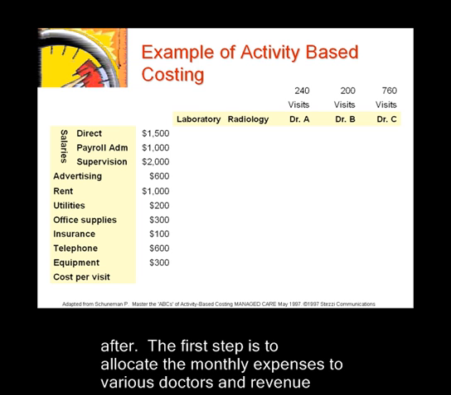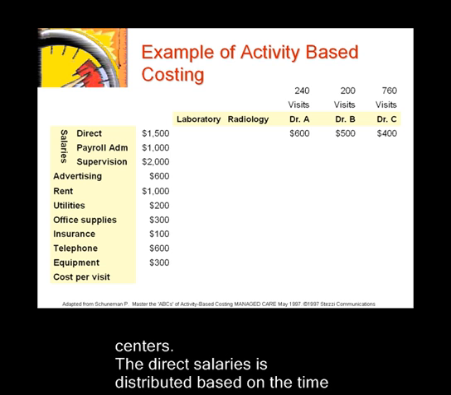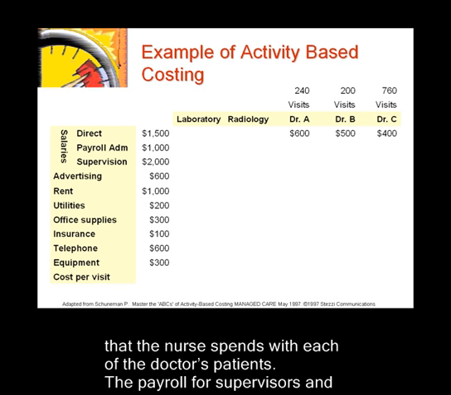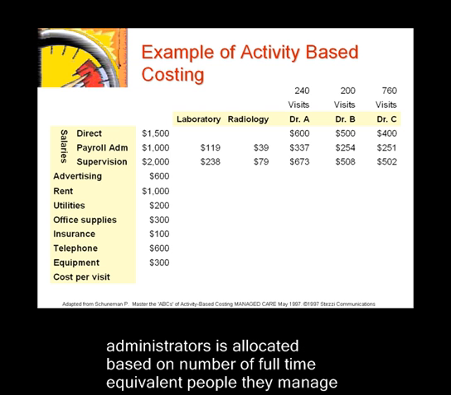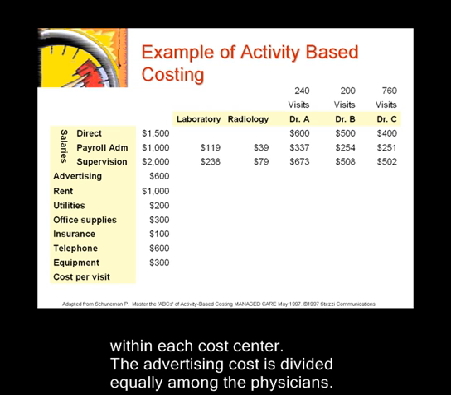The first step is to allocate the monthly expenses to various doctors and revenue centers. The direct salaries is distributed based on the time that the nurse spends with each of the doctor's patients. The payroll for supervisors and administrators is allocated based on number of full-time equivalent people they manage within each cost center. The advertising cost is divided equally among the physicians.